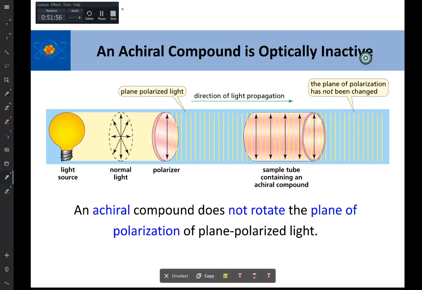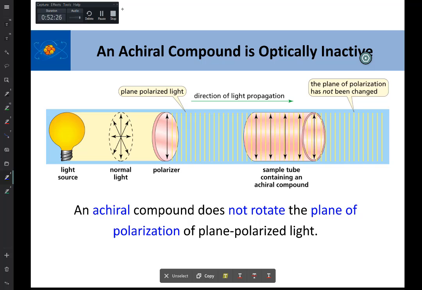The light will travel through the glass tube, and the glass tube has a solution in it. If the material's achiral, the light goes straight through. In other words, an achiral compound doesn't affect the plane of rotation of the light.